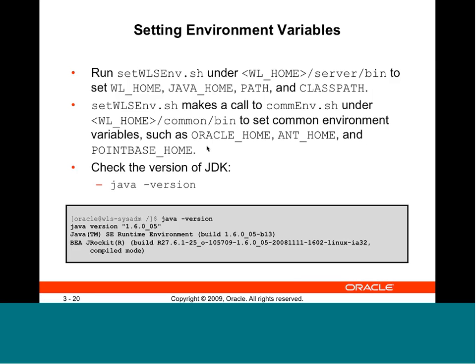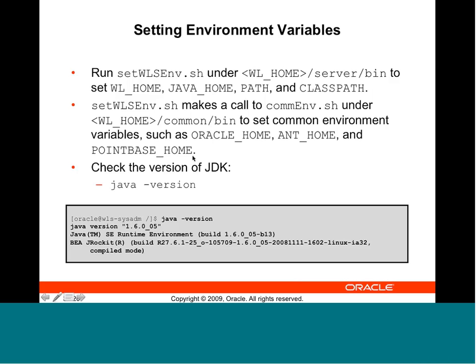So WebLogic itself contains certain executables. For example, when I click on deploy, you will have some deployer application which will run, which will go and take the application from the source and then make it available in the deployed directory, right, in the managed directory. So when it does those executions, it needs reference to ANT_HOME.